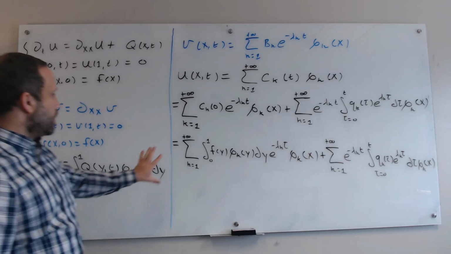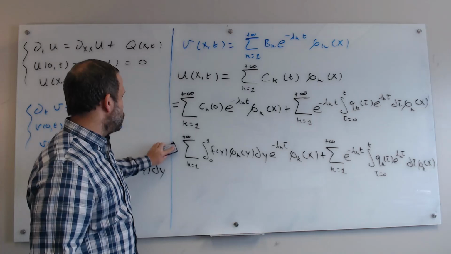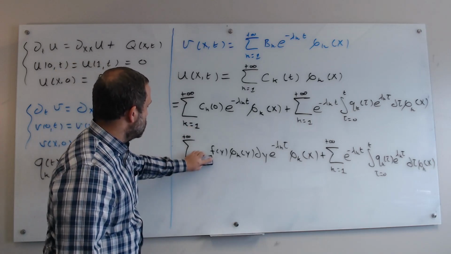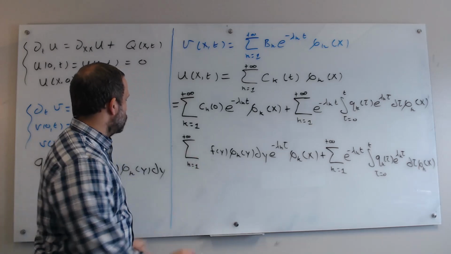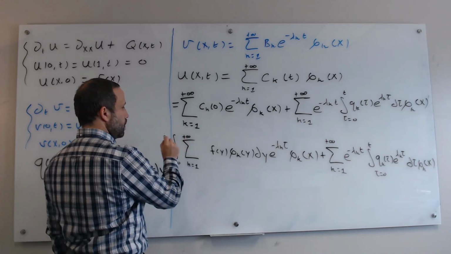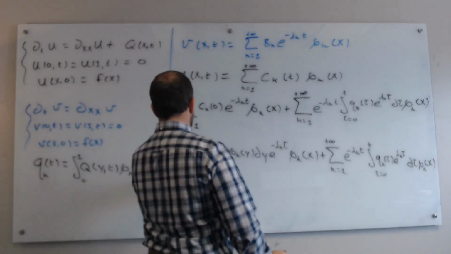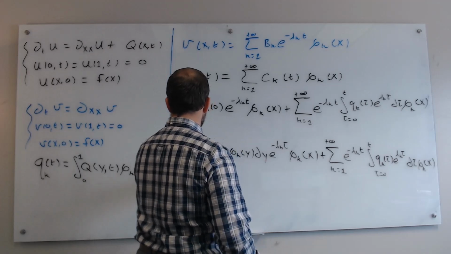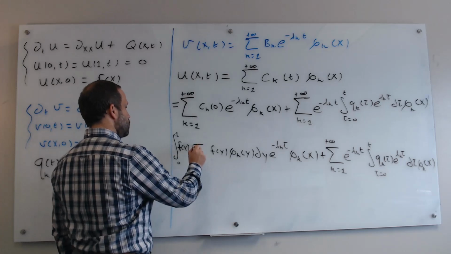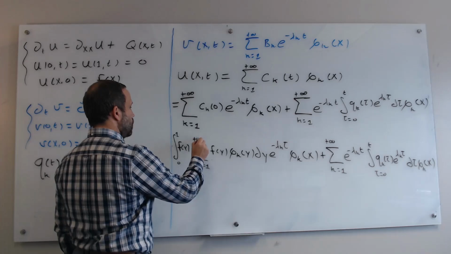So I'm going to rearrange this sum in place. What I mean is the following. I'm going to move the integral to the outside. So we're going to have the integral here from 0 to 1, this is y going from 0 to 1. And then I'm going to put the f here, so we're going to have f of y. And then the sum, k equals 1 to infinity.